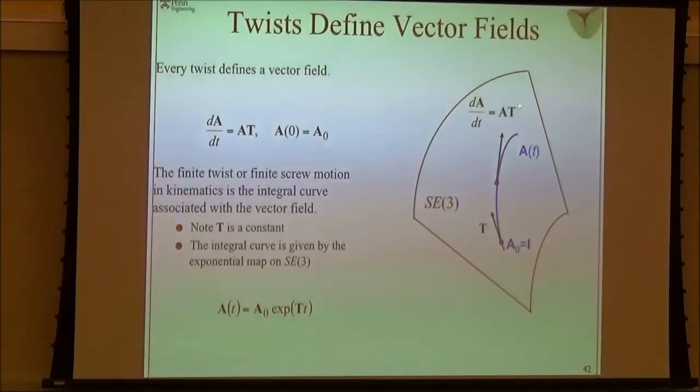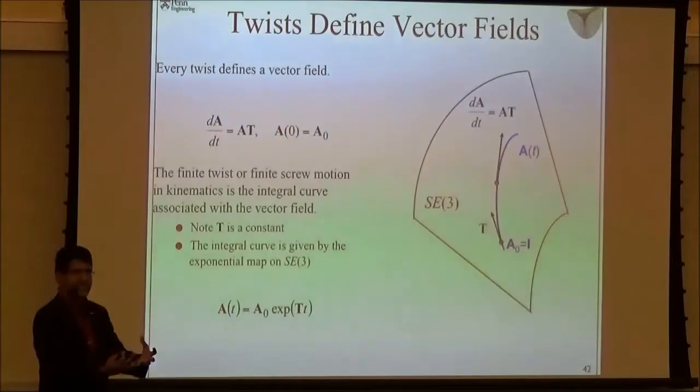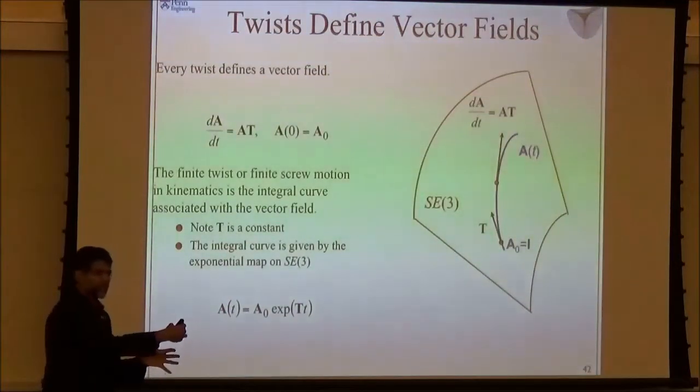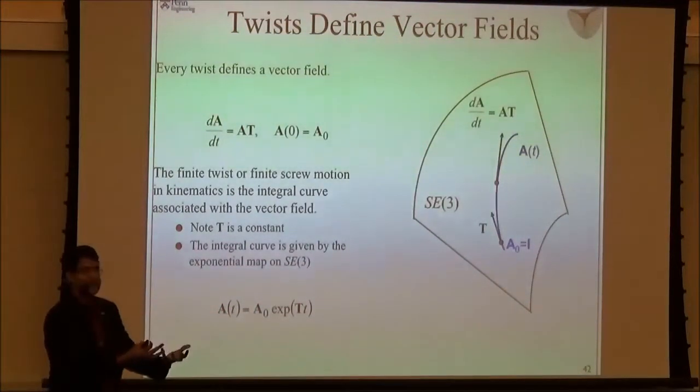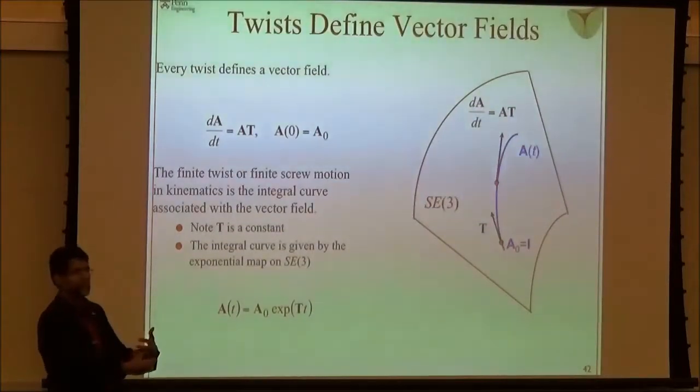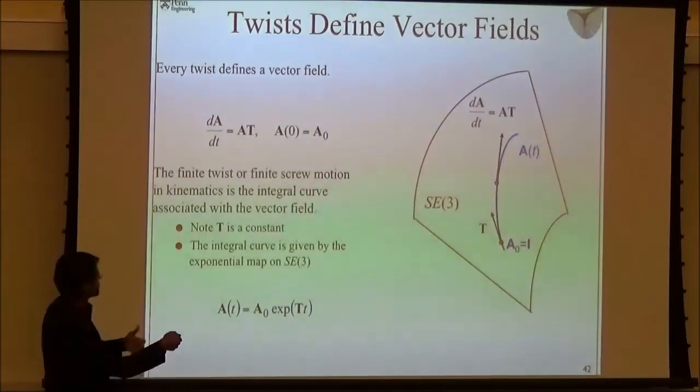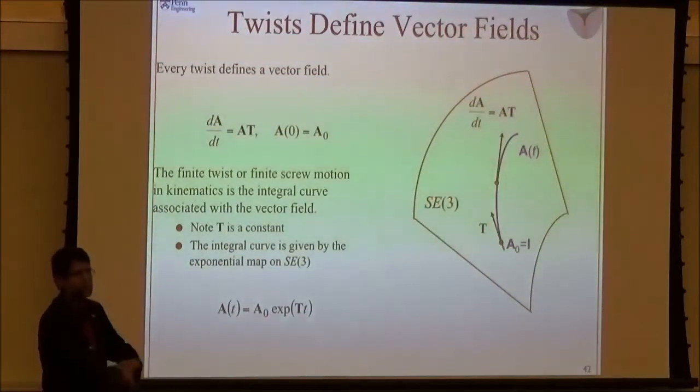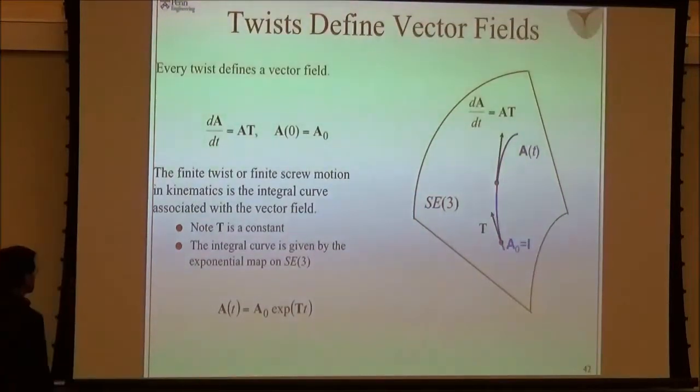In other words, here I'm holding T constant, and I'm just changing A according to this equation. So the recipe is that you take the twist T and you post-multiply A by it, you advance forward. And now you have something new, you again post-multiply by T and then you advance forward. Again, post-multiply by T and so on and so forth.